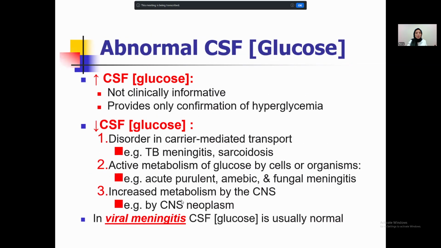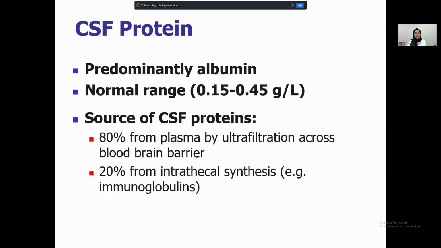So let's move to the protein. It's the opposite: usually we look for high protein. The protein has albumin and also immunoglobulin. Usually in the CSF, as in blood, we have more albumin than immunoglobulin. 80% of the protein comes by ultrafiltration, mainly albumin, because albumin is small and can go through the blood-brain barrier.